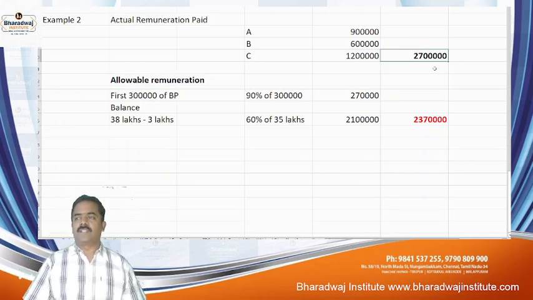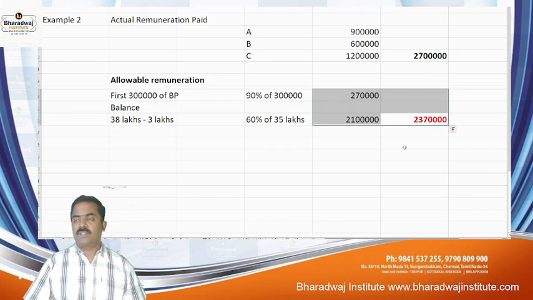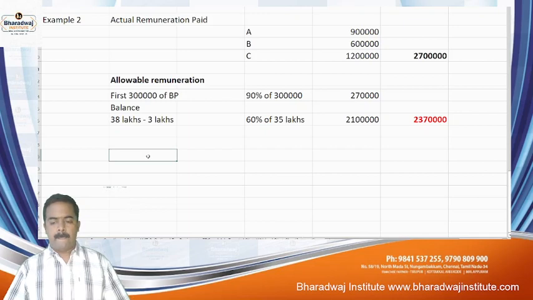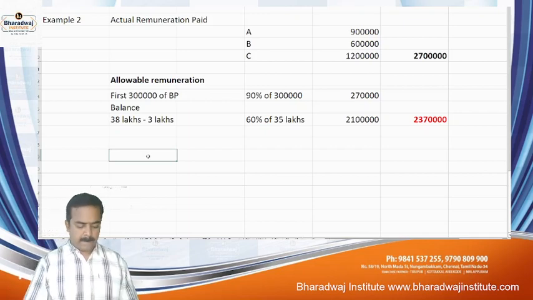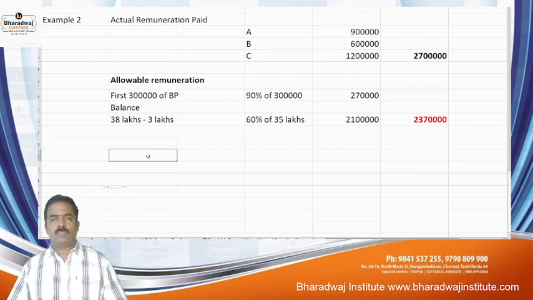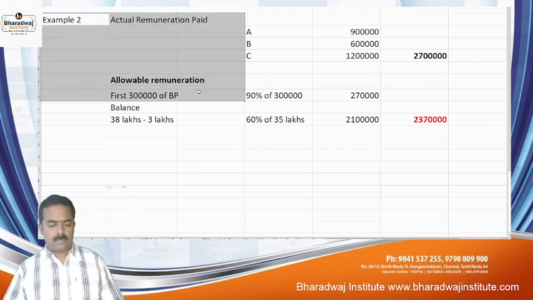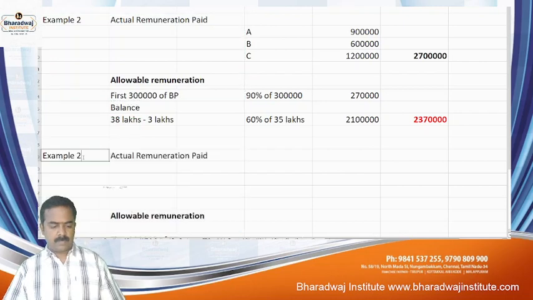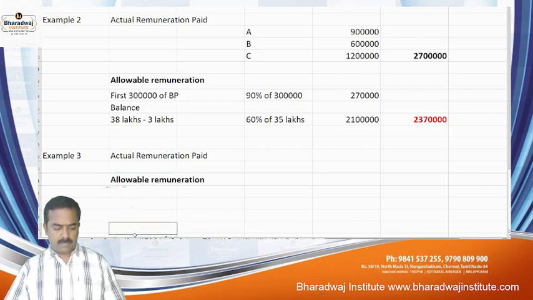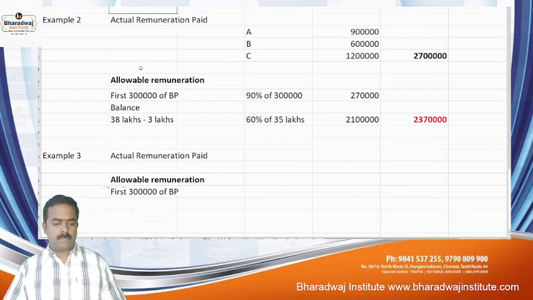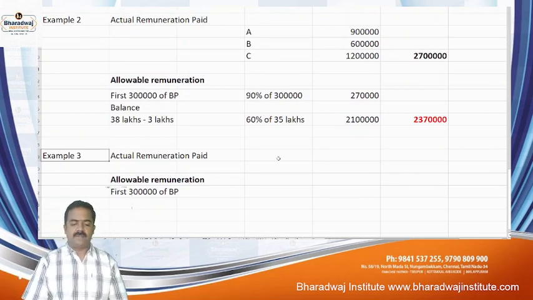Which means the remaining will be disallowed. 23 lakh 70,000 is what is allowed. Try to work out the next example.